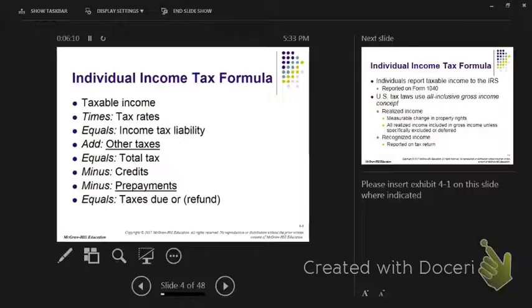Another reason that you would have a prepayment is you can take your refund from this year and roll it over to next year. I personally don't know why you would do that. But if you owe year after year, and your quarterly payments are made in April, July, October, and January, you're making your last quarterly payment in the year of the return that you're doing.